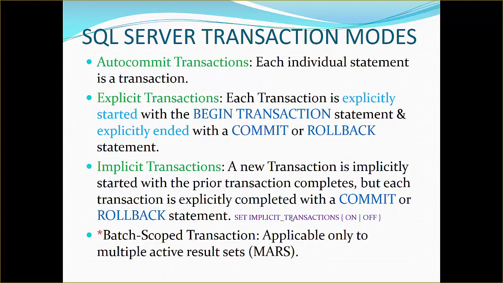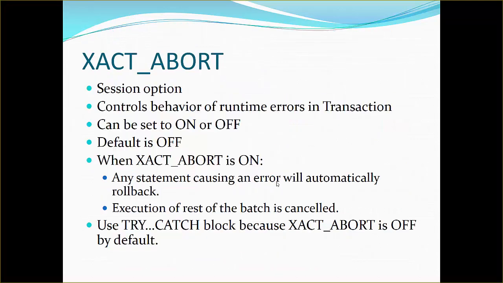You can set XACT_ABORT to ON or OFF. All right, now we said the default is OFF, so it does nothing. If you don't mess with it, it doesn't do anything. You do your work the normal way you've always done it. Now if you want to use XACT_ABORT, that means you have to set it to ON. All right, and so when it's ON, any statement that causes an error will be automatically rolled back.